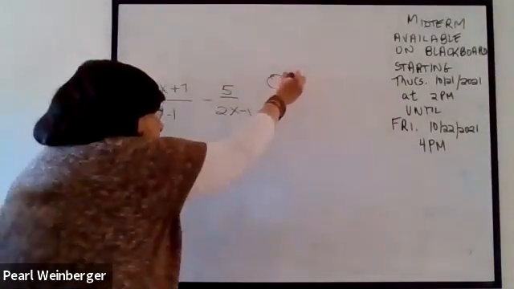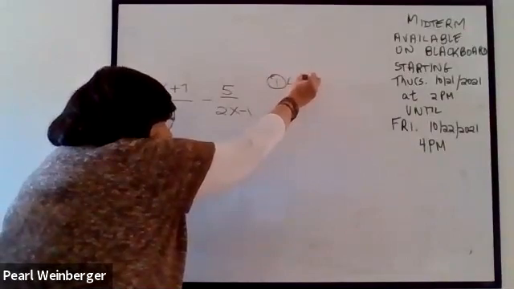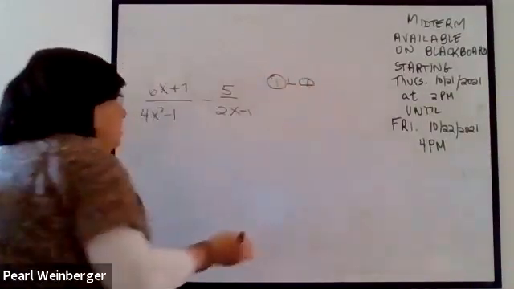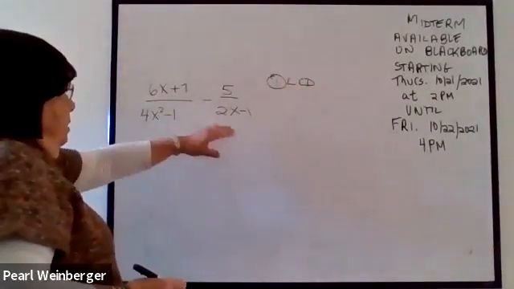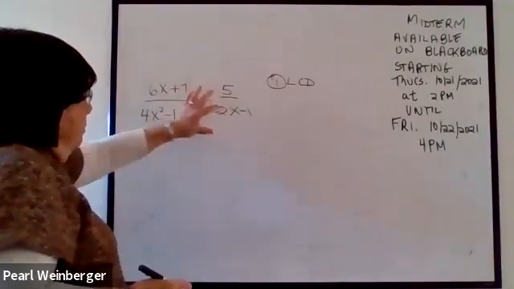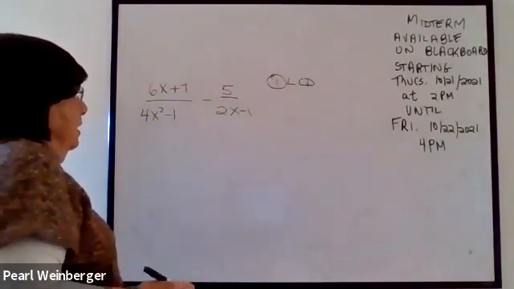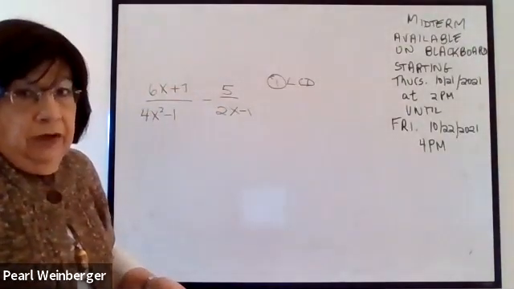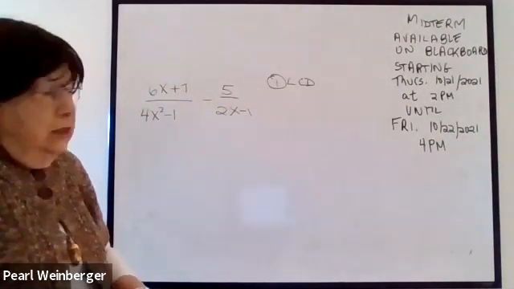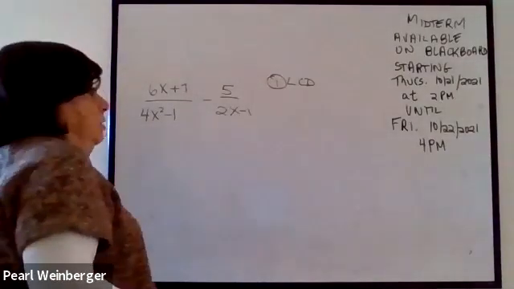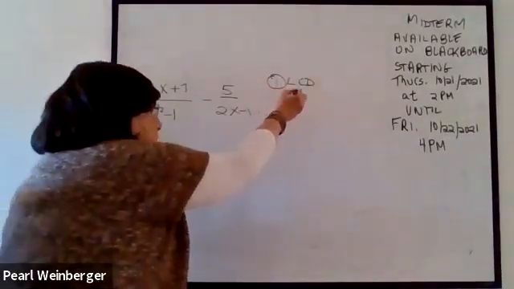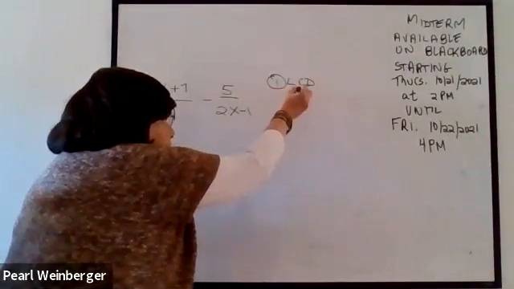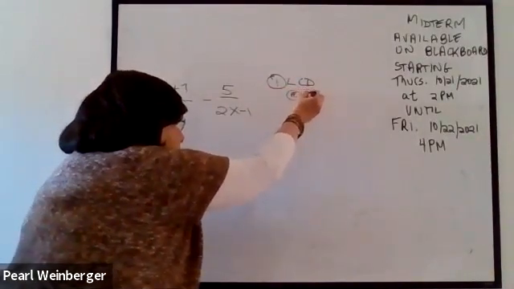The first step we have to do is, again, find our least common denominator. In this case, we don't have the same denominators. And on top of that, our denominators are not monomials. We happen to have polynomials as our denominators. So in order to find the LCD, the first thing you're going to do is factor all your denominators.